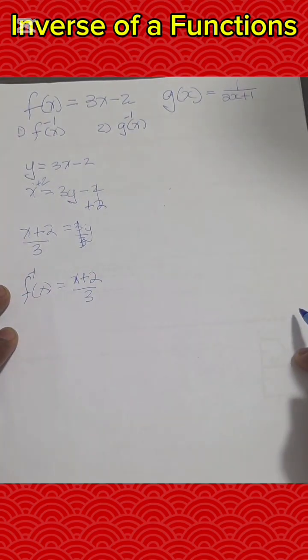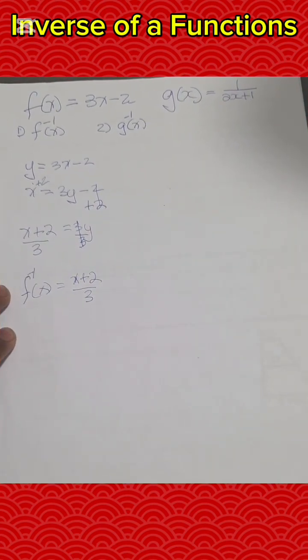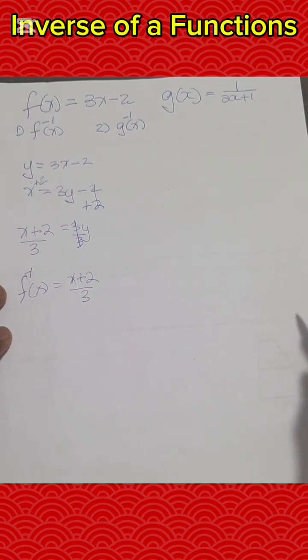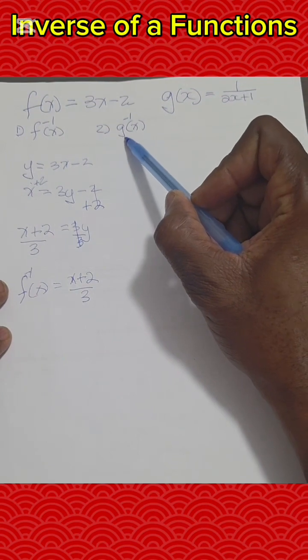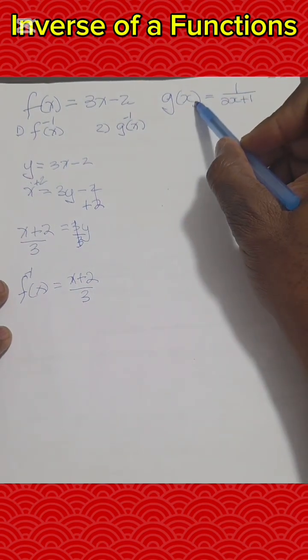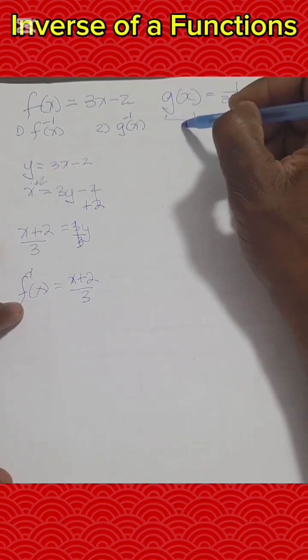All right, so that's our first question. Let's take a look at the second question. It says that we want to find the inverse of g of x. This is the g function. So I'm going to replace the g of x with y.